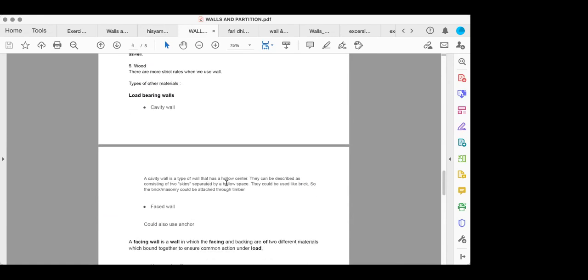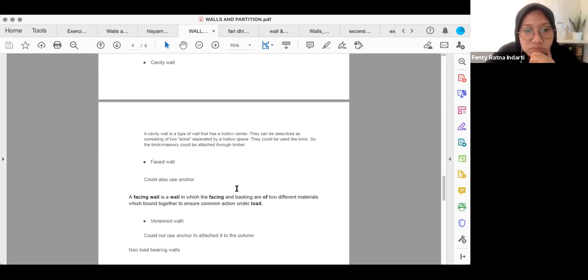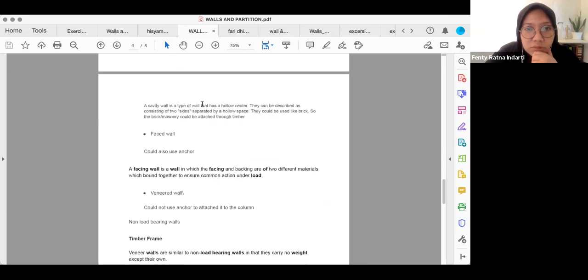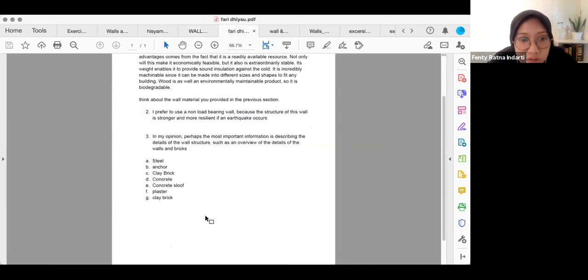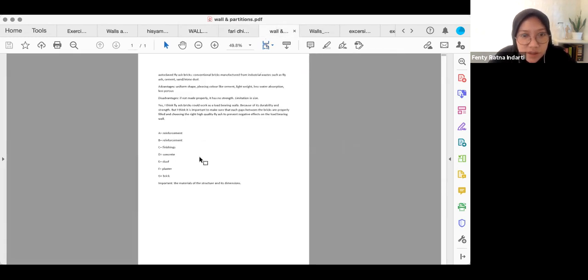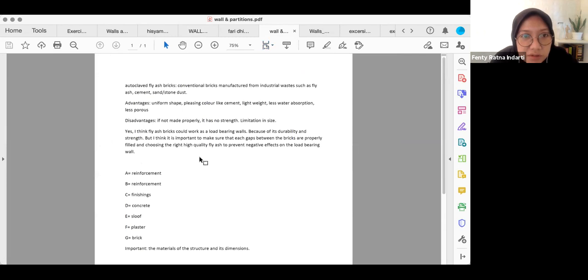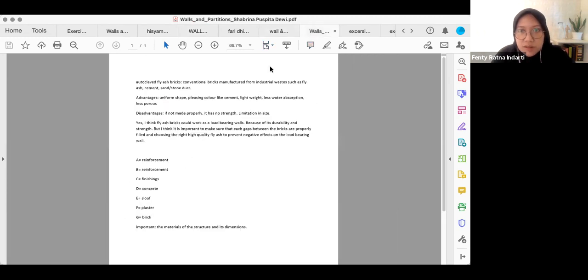Okay, cavity wall is a double wall with a gap in the center. Okay, and then wood material, okay. And then autoclaved fly ash bricks. And then the other one.